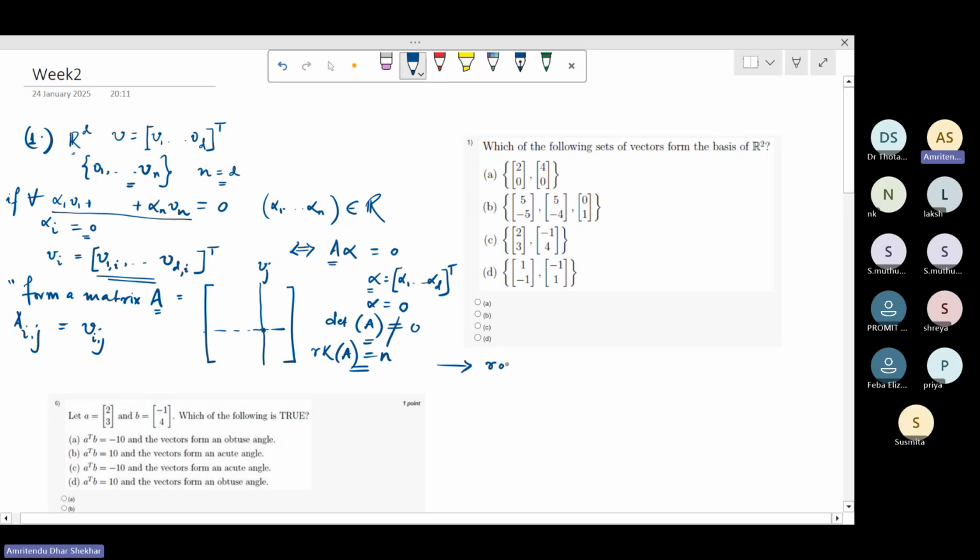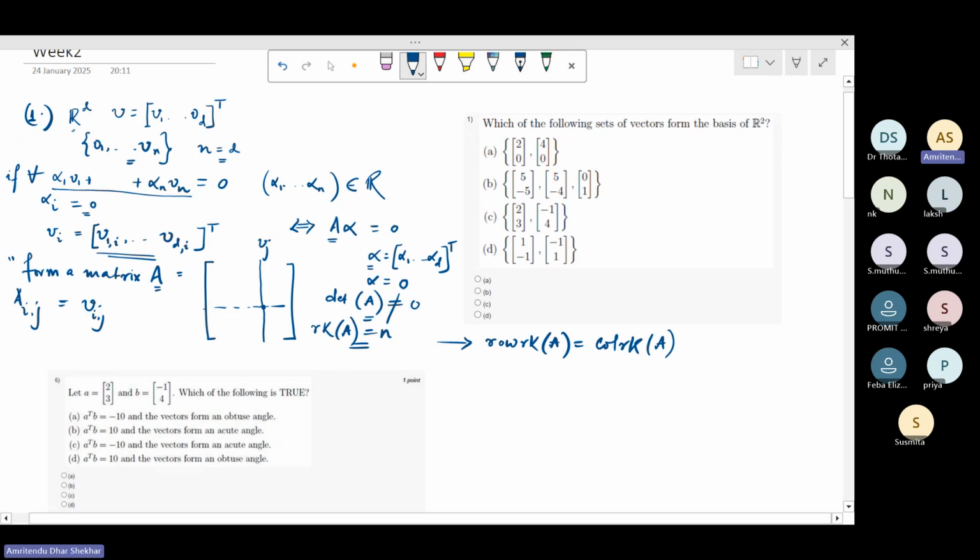Row rank of A is equal to the column rank of A. So reduce A to row or column echelon form. Sorry. Right. So when you do that, just look at the number of zeros.